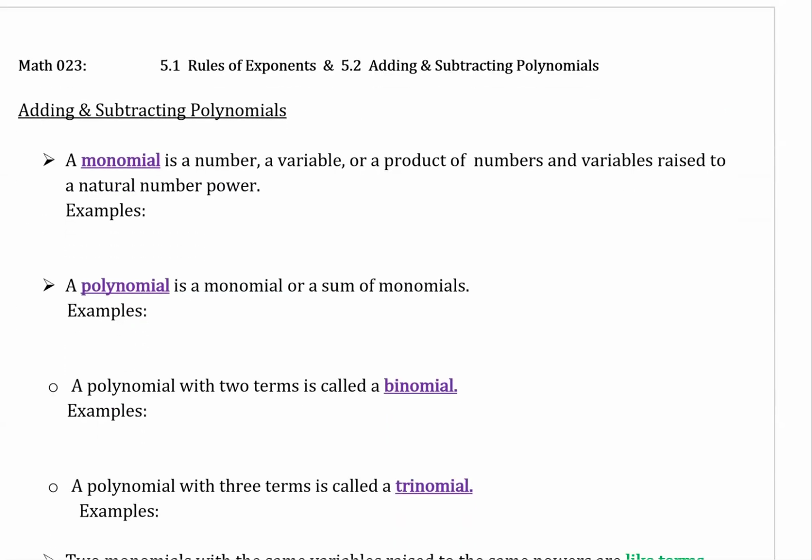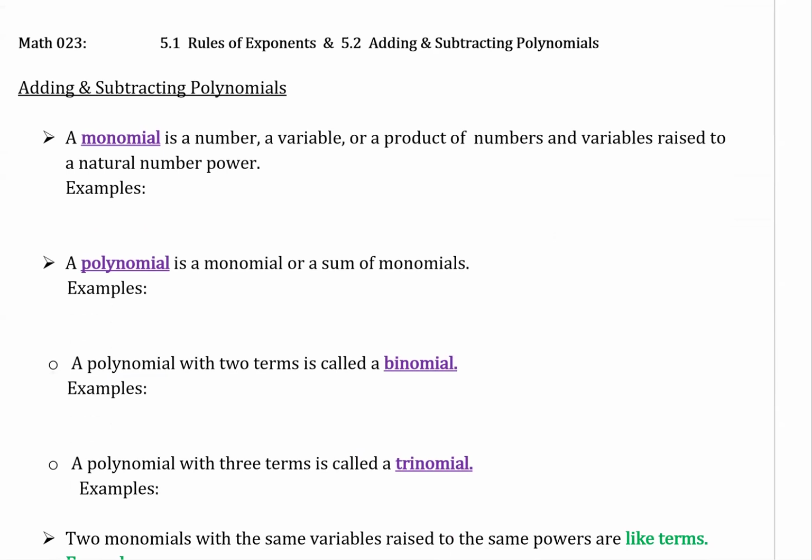So now we're going to go on to 5.2, adding and subtracting polynomials. Well, if we're going to add and subtract polynomials, we should probably know what the word polynomial means. So a monomial is a number, a variable, or a product of a number and variables raised to natural number power.